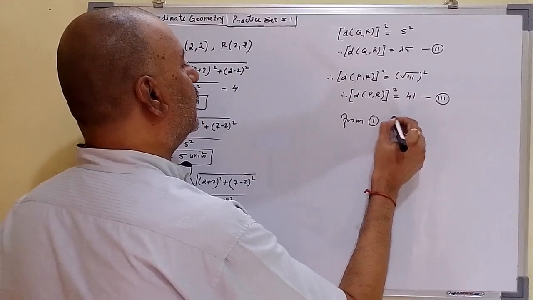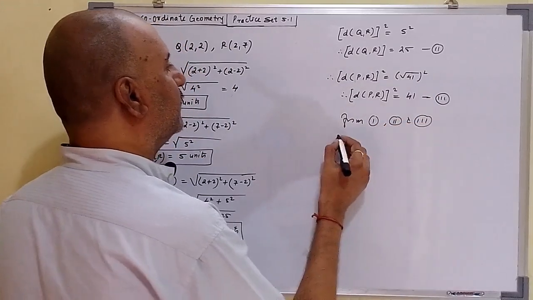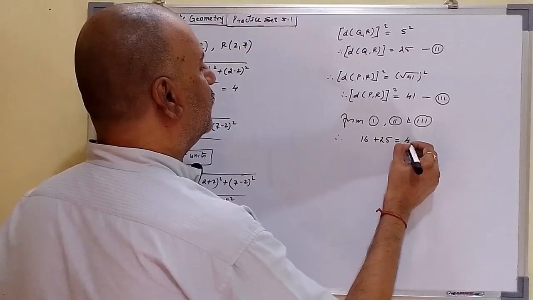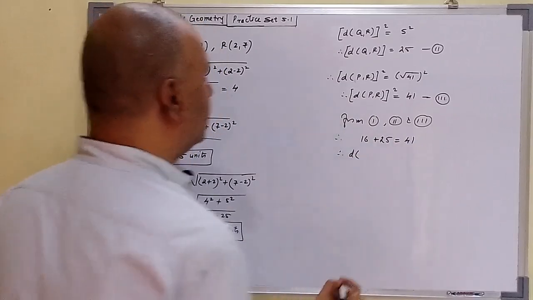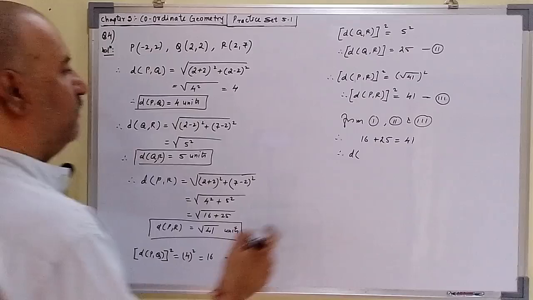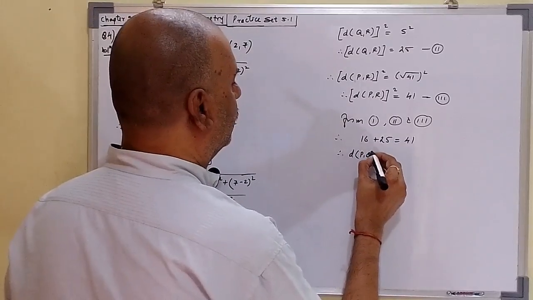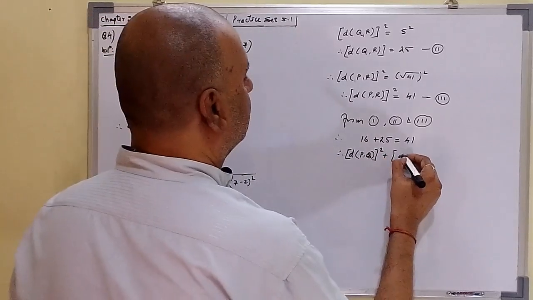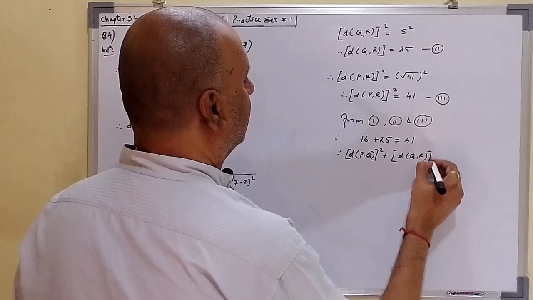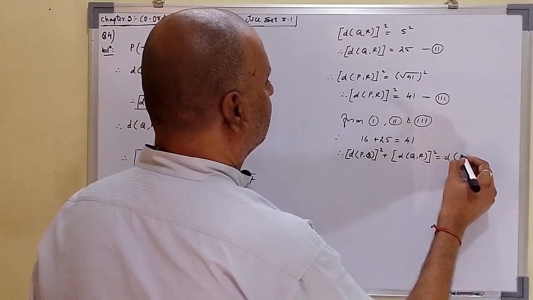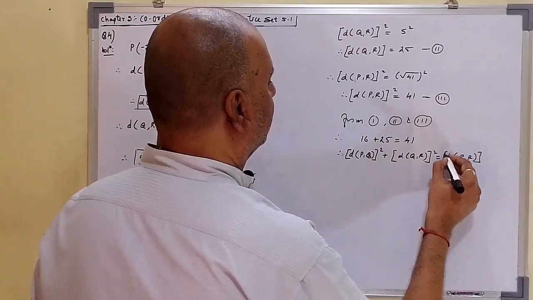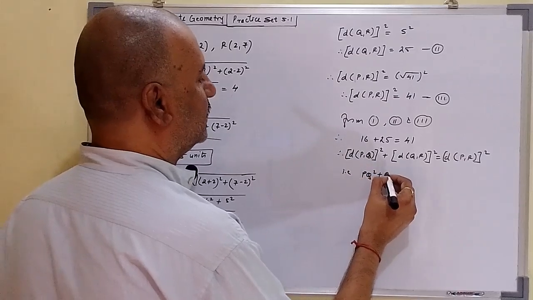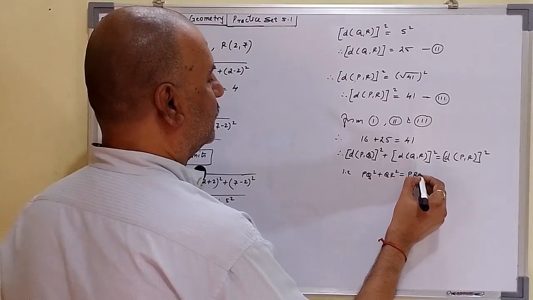From 1, 2 and 3, 16 plus 25 equal to 41. Therefore distance PQ square plus distance QR square equal to distance PR square. That is PQ square plus QR square equal to PR square.